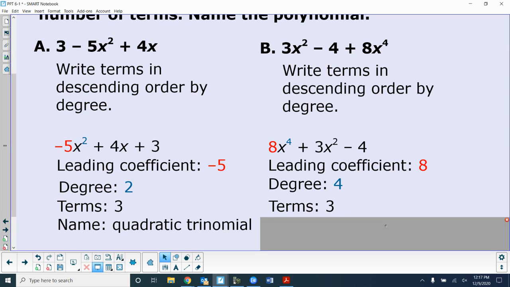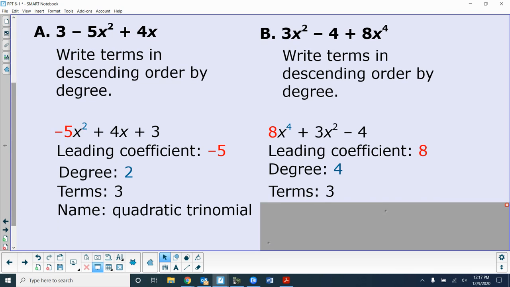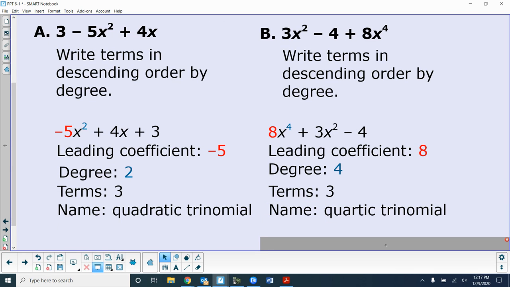Name? Ava? Degree of 4? Yeah. Quartic trinomial, yes. Making sense? Right?